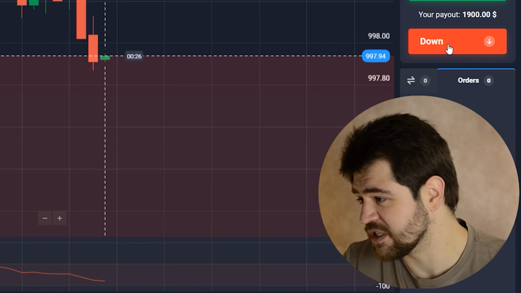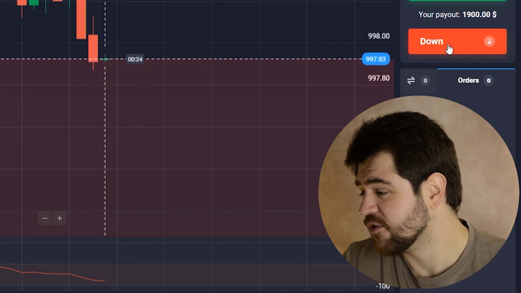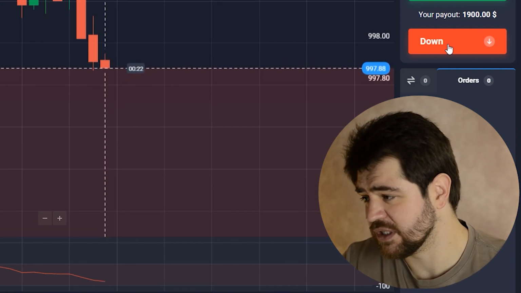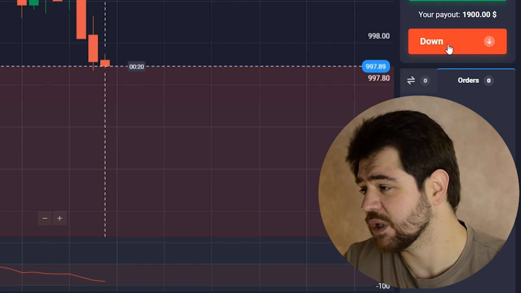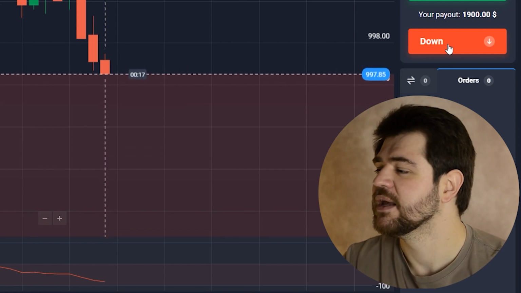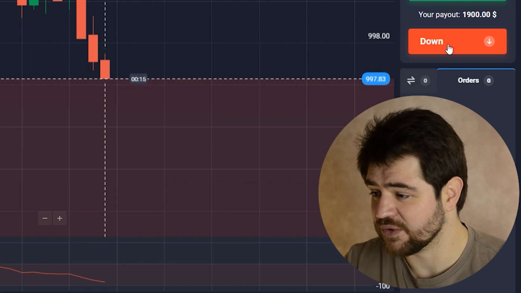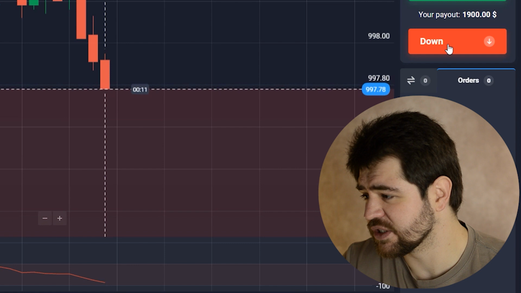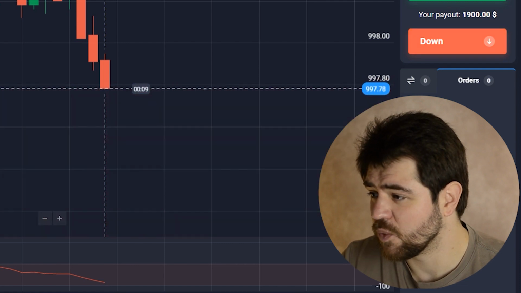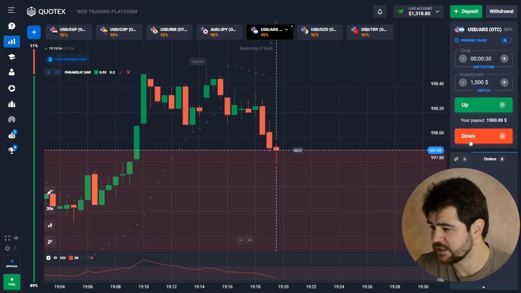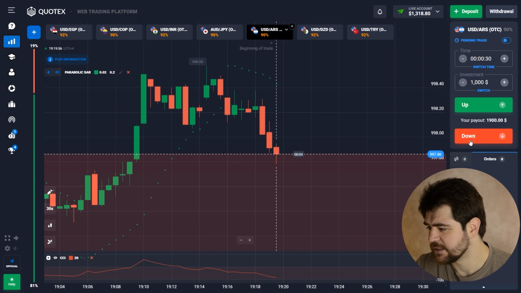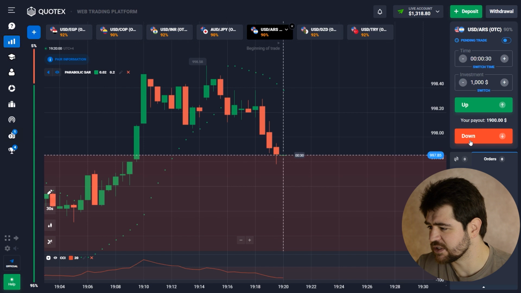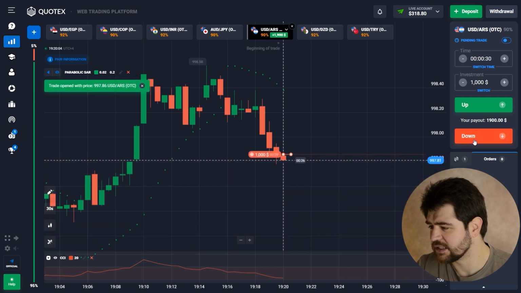Here we have a downtrend forming as well. The CCI oscillator is for the short, as well as the parabolic SAR, and we're gonna follow those indications and make our put option 1000, and let's make it 30 seconds, because I'm afraid to get caught up in a pullback. So let's do that.